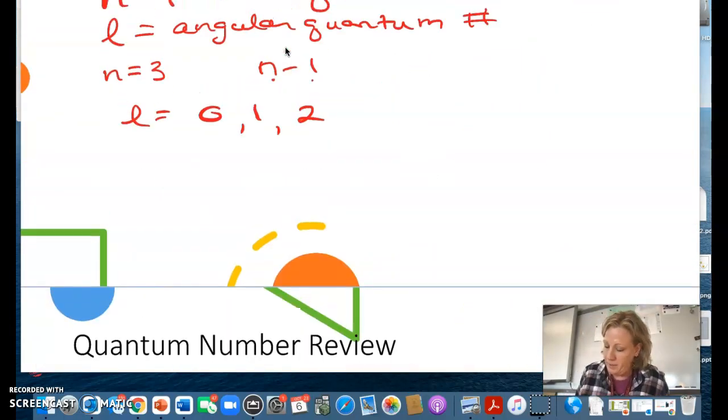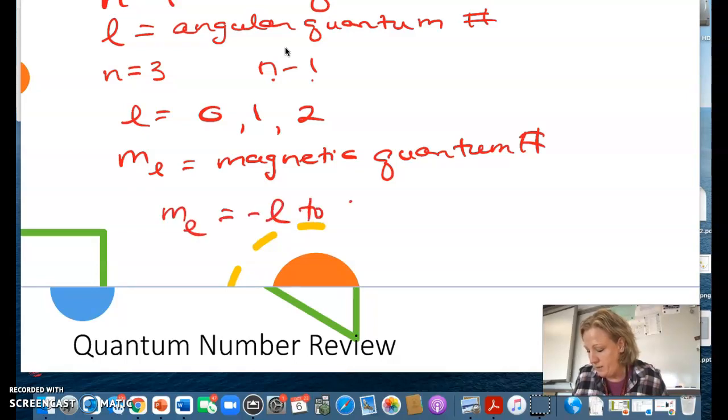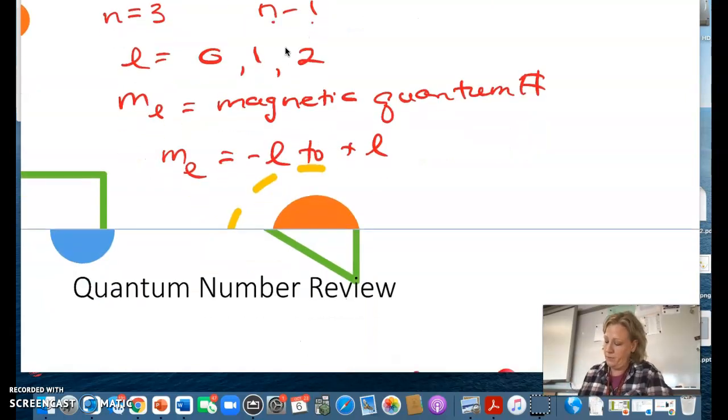m sub l is the magnetic quantum number, and this is going to equal negative l to positive l, including 0. So if we're talking about the p shape, we know that l is 1.